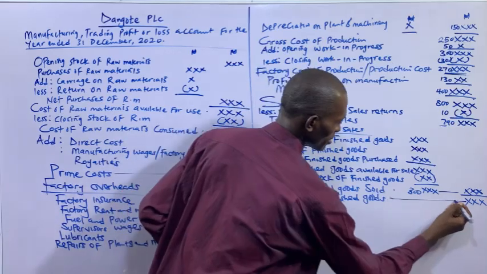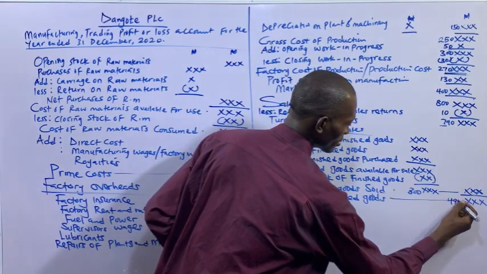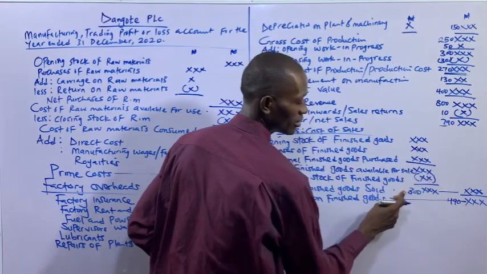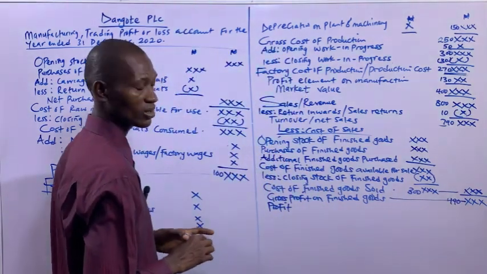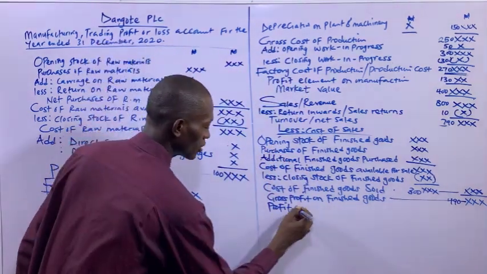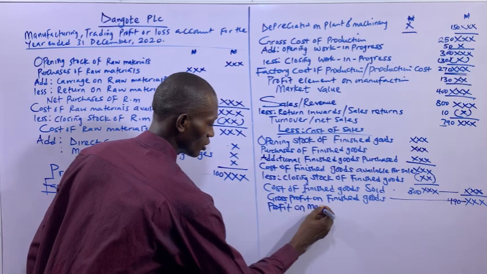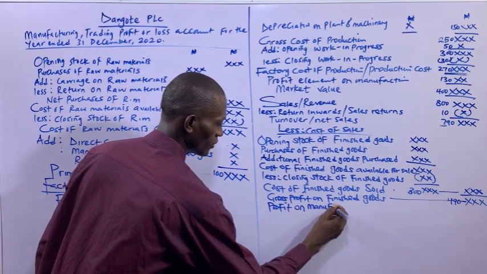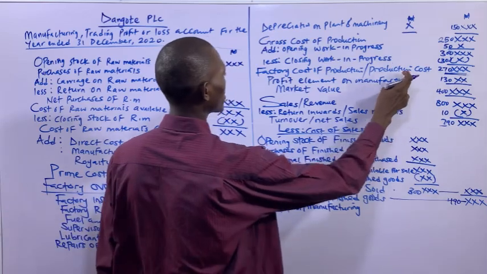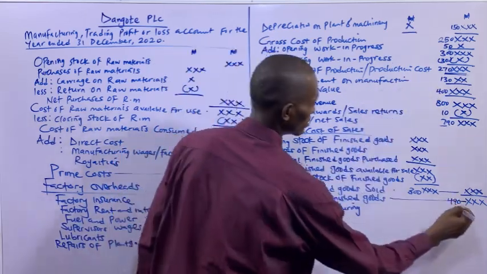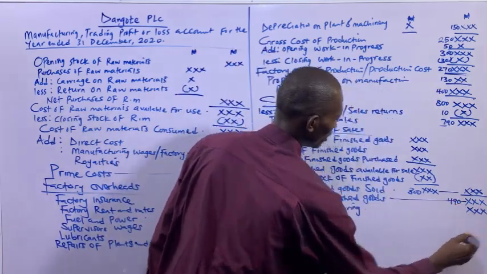Our gross profit is 490. Now 790 minus 300 gives us 490. I hope that is understood. Good. So profit on manufacturing, don't forget we got that as 130.